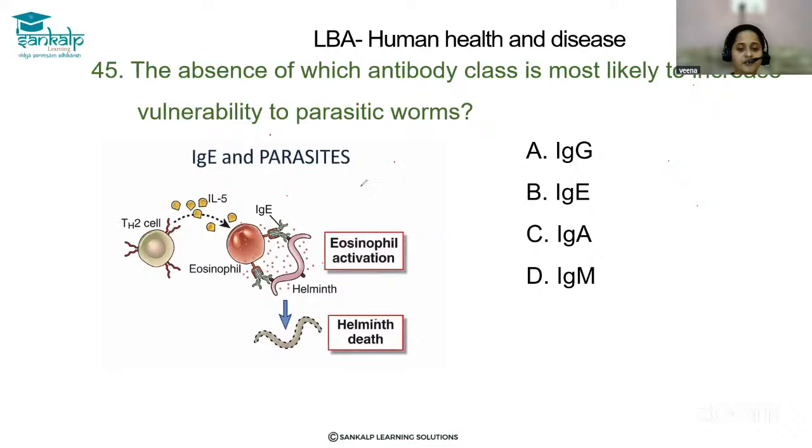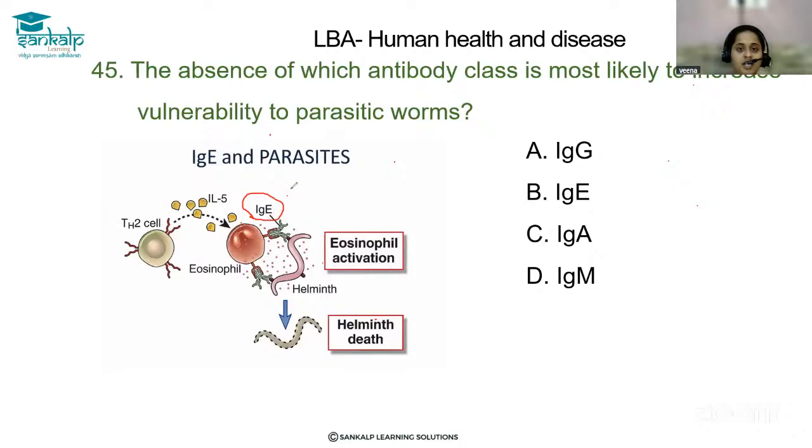If you observe in this image, you have already studied the allergic reaction, and the skin that acts as the first line of defense, right? In the allergic reaction, the antibody participating is IgE, right? So IgE antibodies fight against the infection.